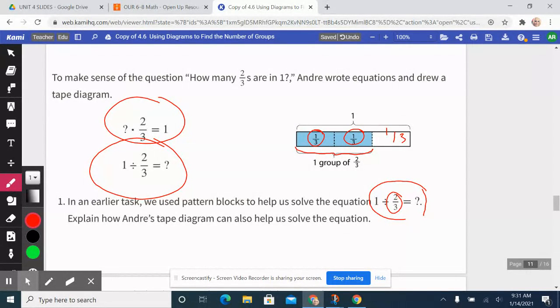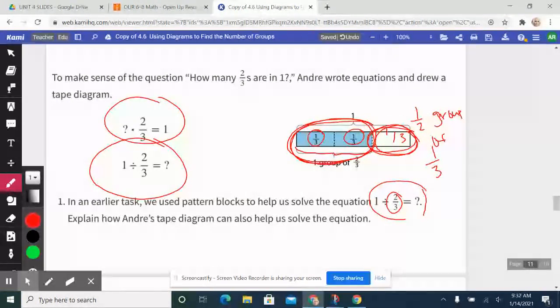So now over here, this leftover, that right there is half a group of 1/3. So now when you're looking at this, here is one group, right? That's a group. And then this is half a group. So the answer is 1 1/2.